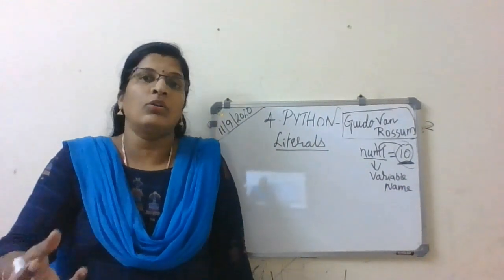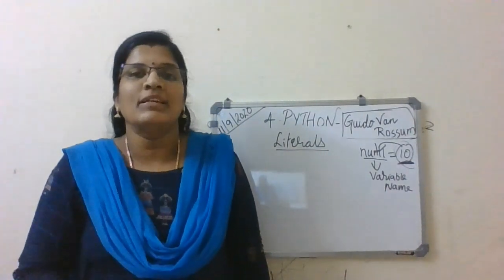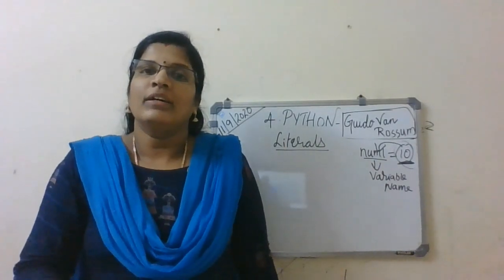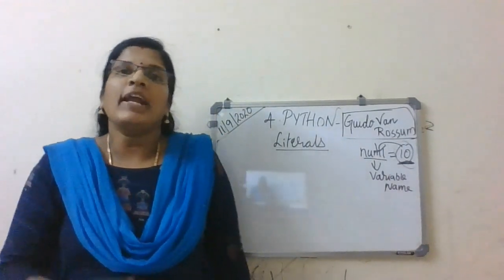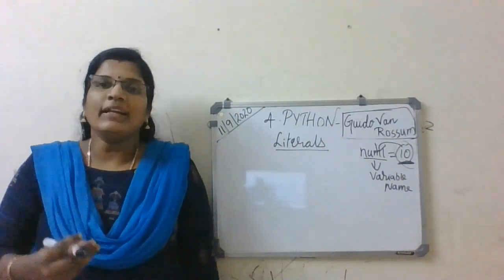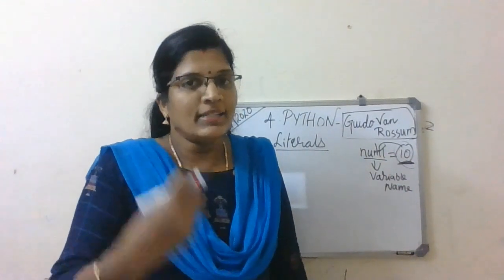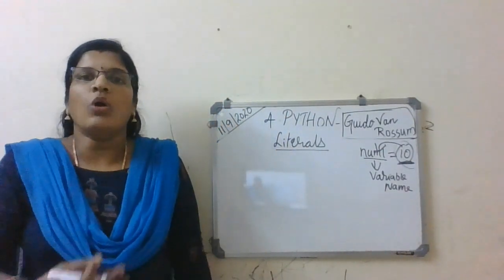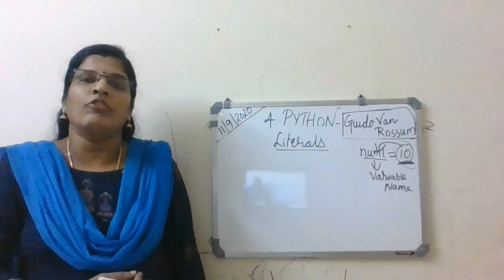You can say yes or no for any question, or true or false, or just one letter, A, B, C, D. So anything you can give. That is called literals. Literals define data which is given to a variable or a constant. Clear?